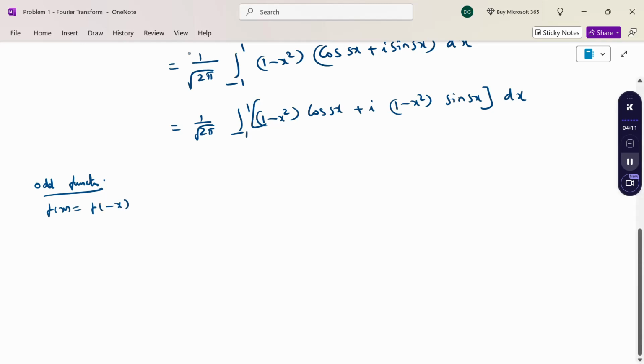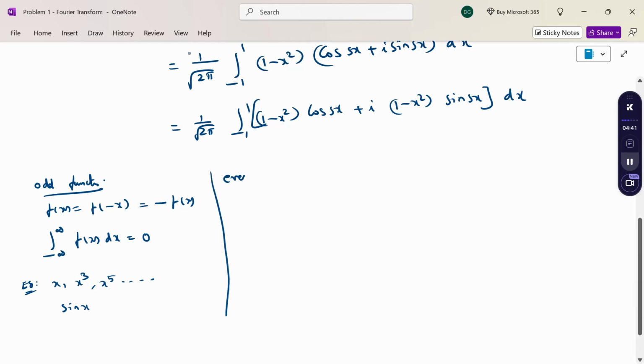For an odd function, the integral from minus infinity to plus infinity of f of x dx is 0. Examples of odd functions are x, x cube, x power 5, the odd powers, and sin x.